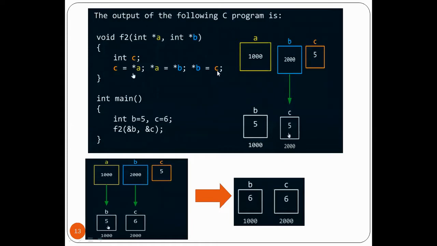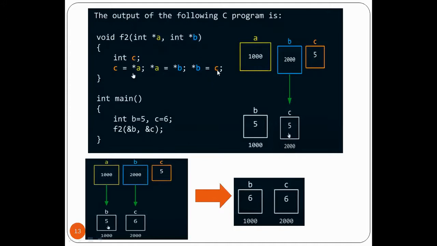So remember, C was pointer A at the first step, that was C was 5. This C, this A, B, C, they are within this function. Remember, don't mix with the ones in the main function. In the main function, B and C are these values, right? So here, the C was pointer A, which was 5, right?